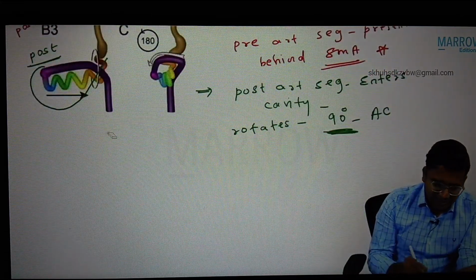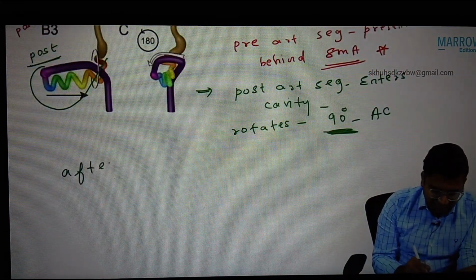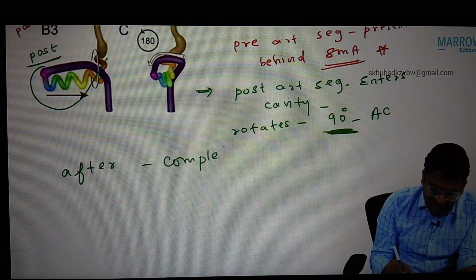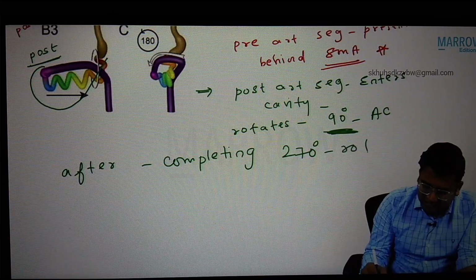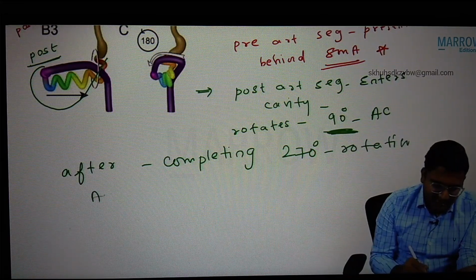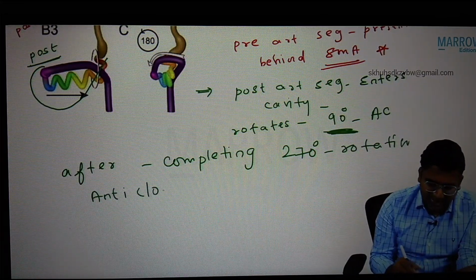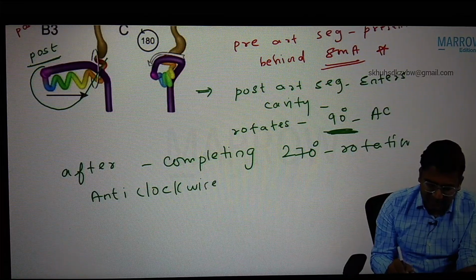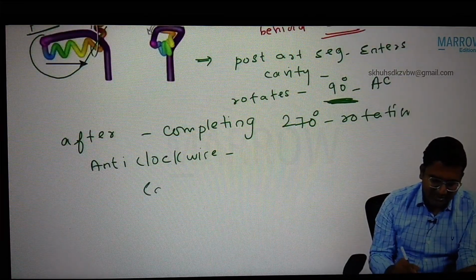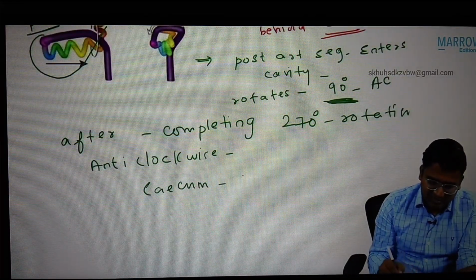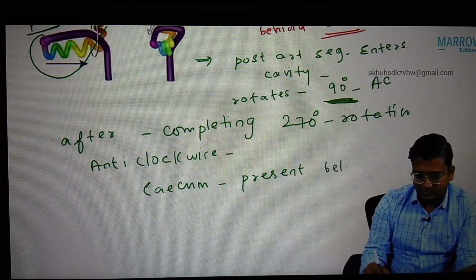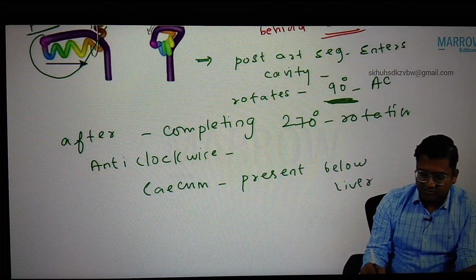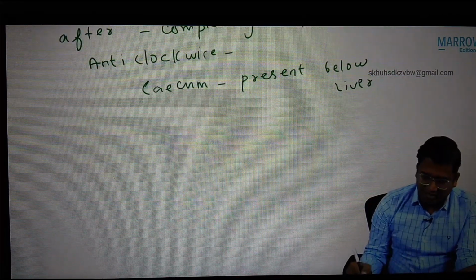Right. Now please write. Now after completing 270 degrees rotation in the anti-clockwise side, now the cecum is present just below the liver. So now what will happen?